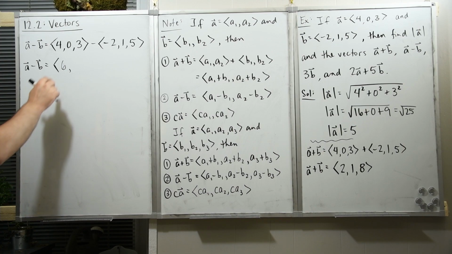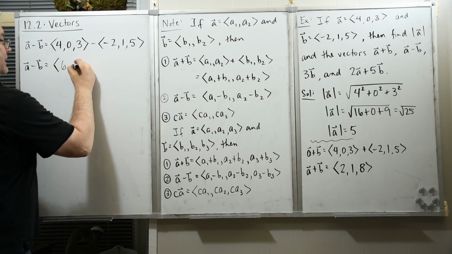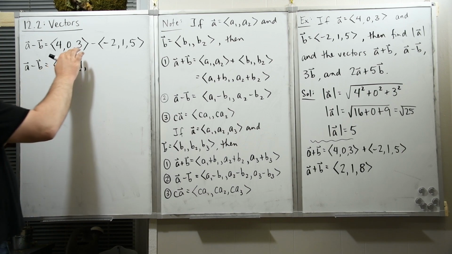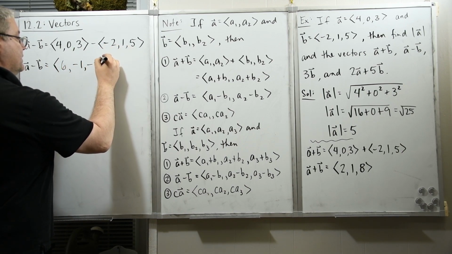Second component of A minus B is 0 minus 1, that's a negative 1. And the third component of A minus B is 3 minus 5, and that is negative 2.